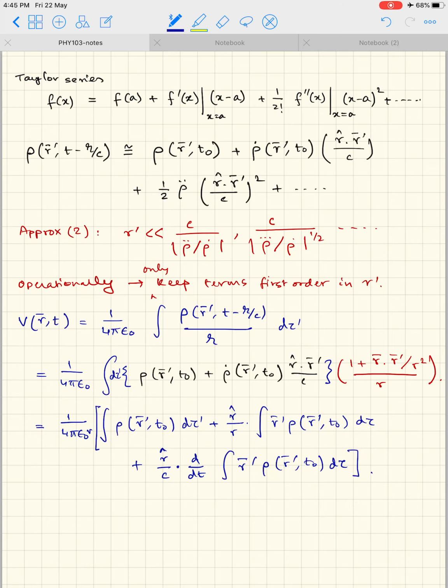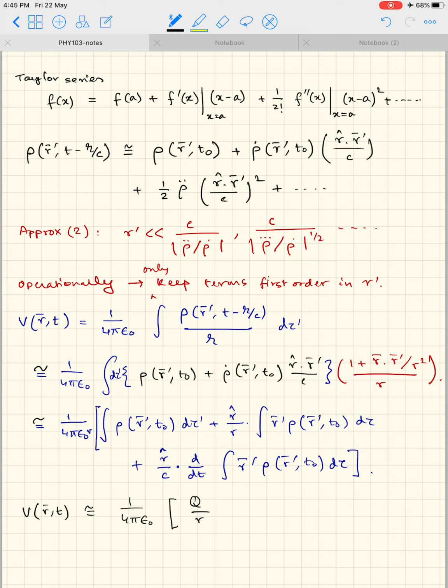Now what is this expression? This expression simply is the following. This is approximate, okay? These are all approximate. So V of r,t is approximately equal to 1 over 4 pi epsilon naught. So the first term is just q over r. So q is the total charge at time t naught. Okay, this is independent of time because charge is actually conserved.